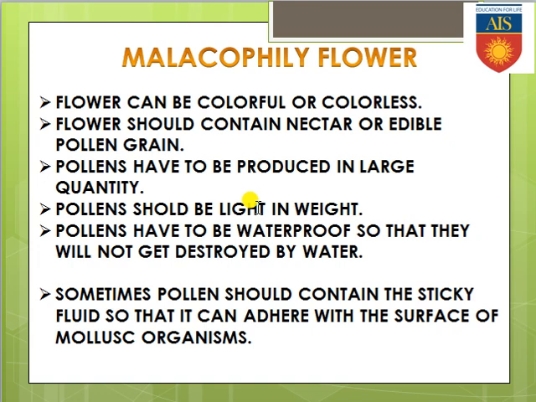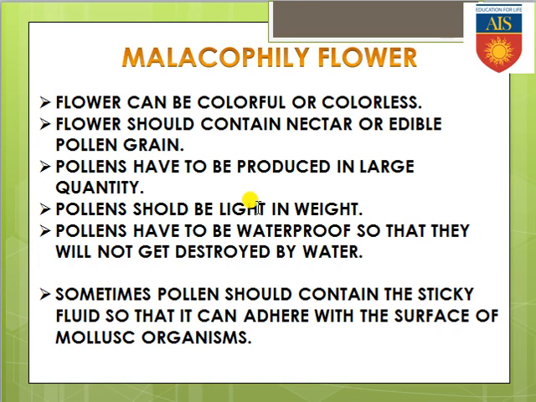This is a must, because if the nectar as well as edible pollen grain are not there, obviously the mollusk organisms will not go to the flower. Pollen has to be produced in large quantity. That is another very important thing. If the pollen is not produced in large quantity, obviously during pollination by mollusk organisms, a huge quantity of pollen grains will get dispersed here and there, and like that it will be just destroyed also.